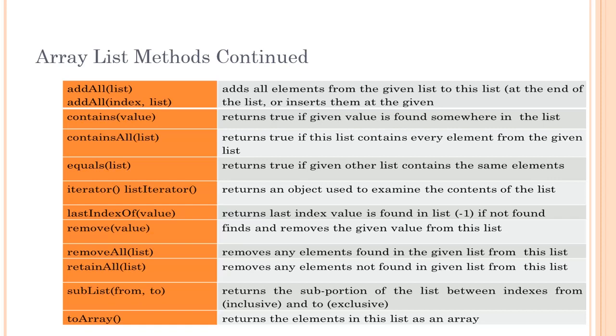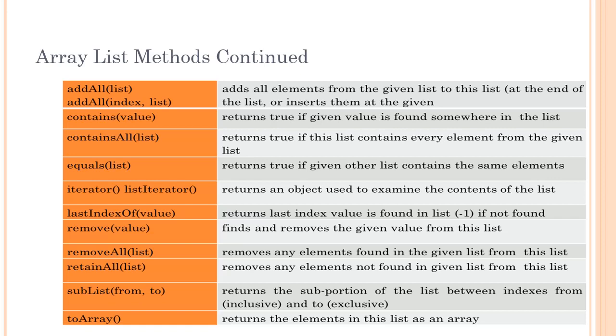We have the methods iterator and listIterator in order to be able to iterate over the array list. The method lastIndexOf takes an element or value as an argument, and it will return the last index where the value is found.